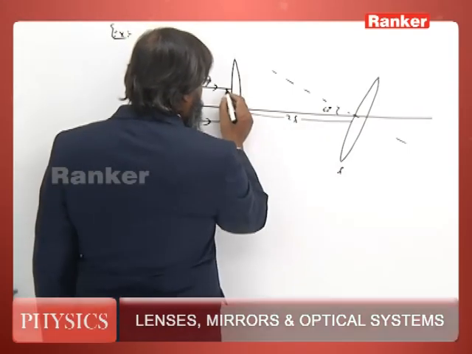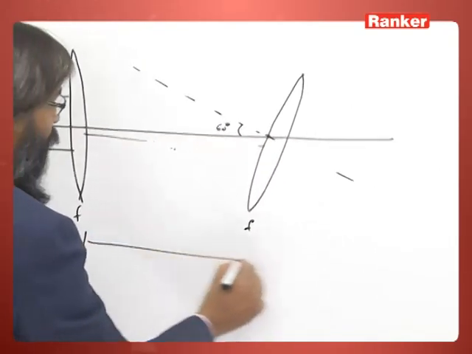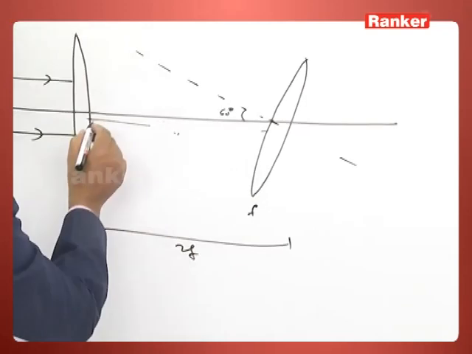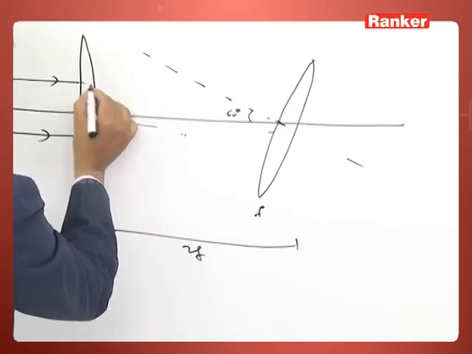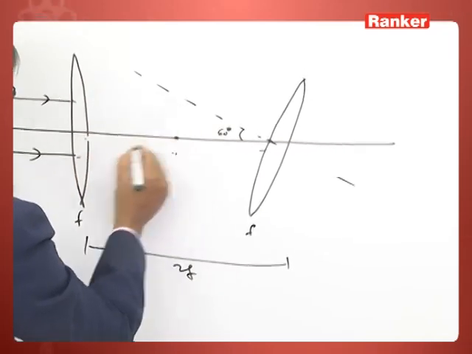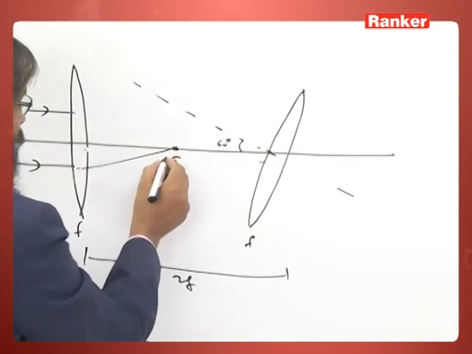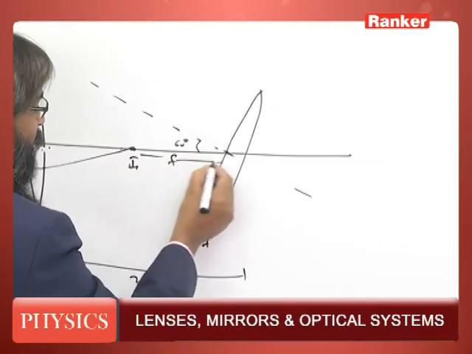So you see here, between these two points the distance is 2f. So the rays will converge here at this place and form an image here. This is the first image I1. Now this distance is f, and so is this distance f.